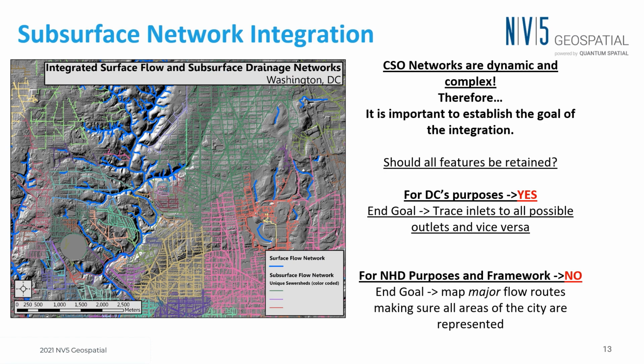And so we were able to integrate the subsurface network by identifying all of the inlets at which the surface flow will enter that network, and then all of the outlets. Then we trace back up from the outlets to the inlets and identify what we're calling sewer sheds, so basically areas that all feed a unique combination of outlets.